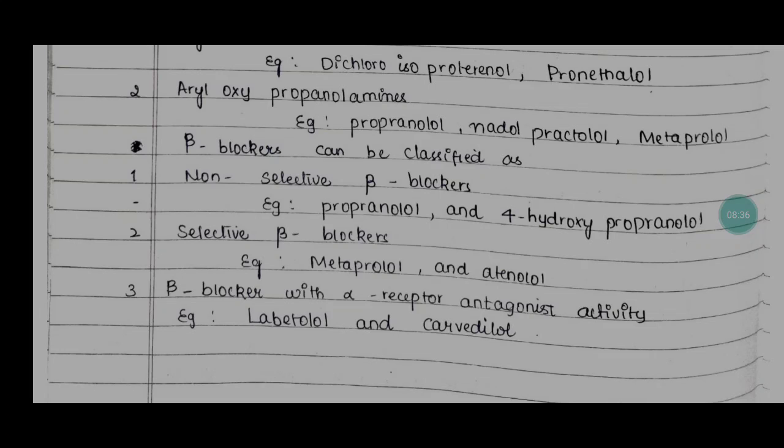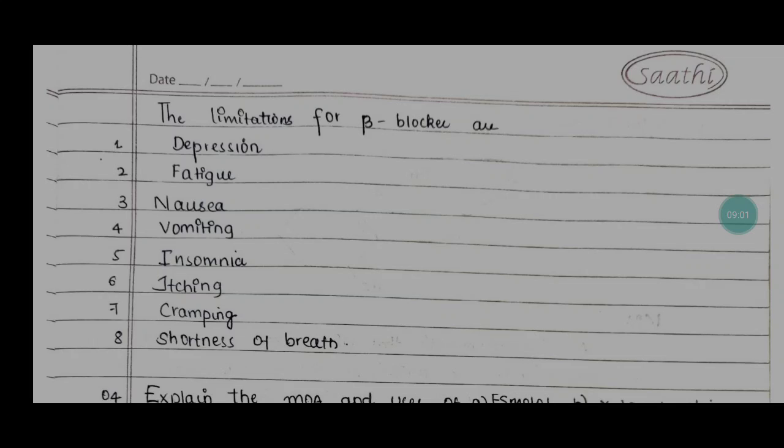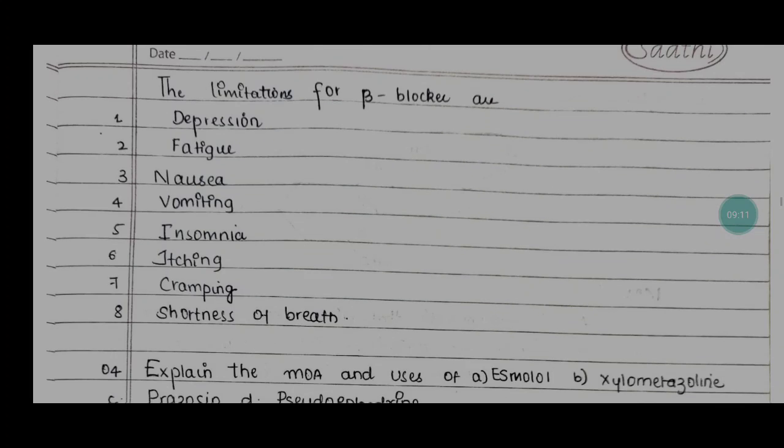In that, the examples for non-selective beta blockers are propranolol and 4-hydroxypropranolol, for selective beta blockers metoprolol and atenolol, and for beta blockers with alpha receptor antagonist activity labetalol and carvedilol, where the limitations of the beta blockers are depression, fatigue, nausea, vomiting, insomnia, itching, cramping, and shortness of breath.